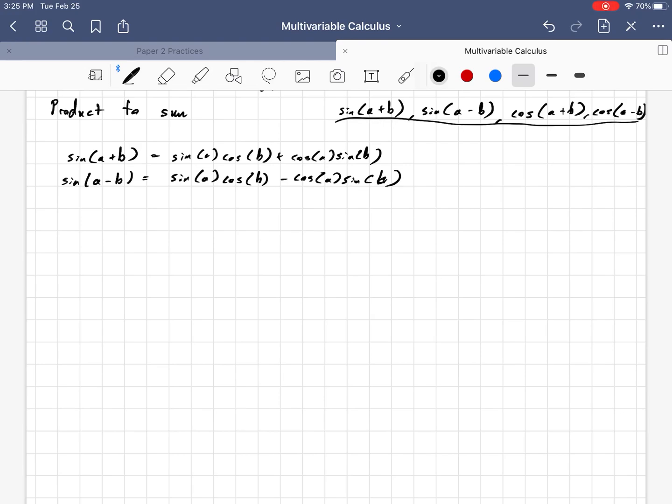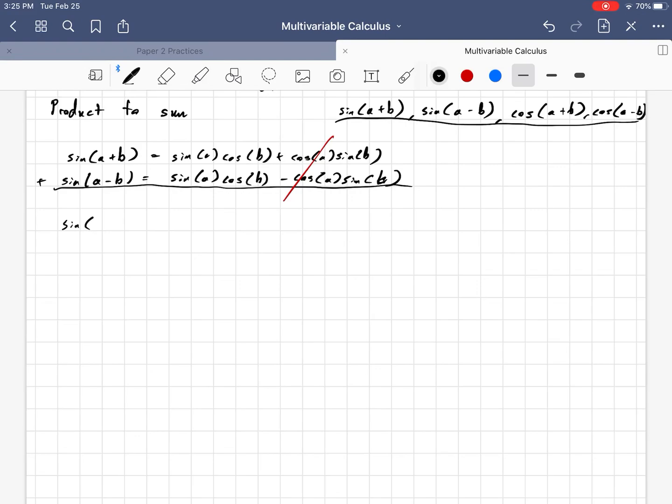So to me, it would make sense if I add these two, this is going to cancel. And so now I get the product to sum identity for sine a cosine b.